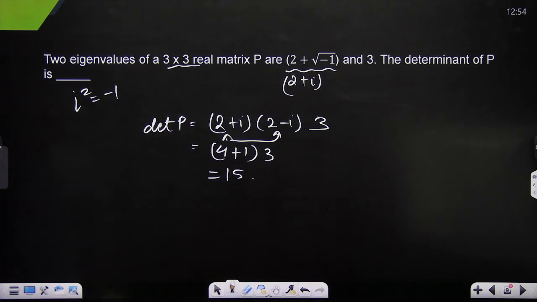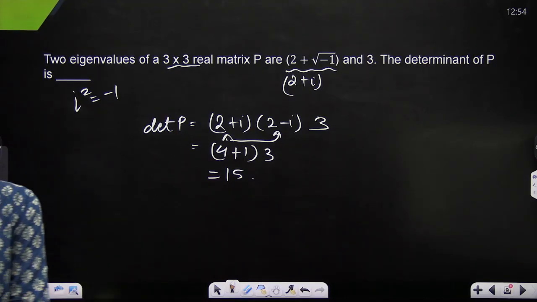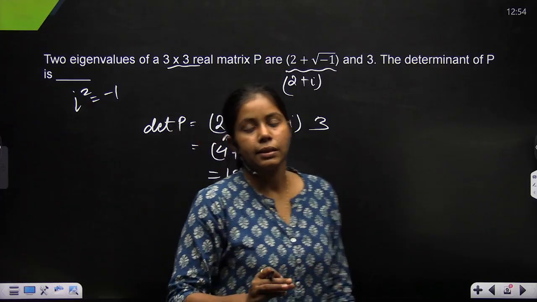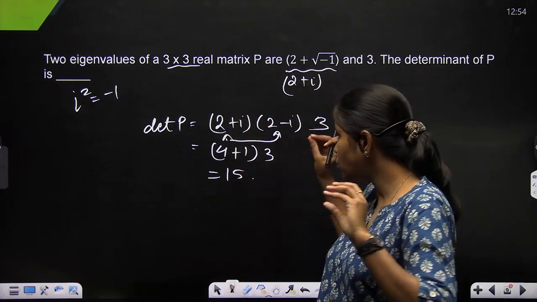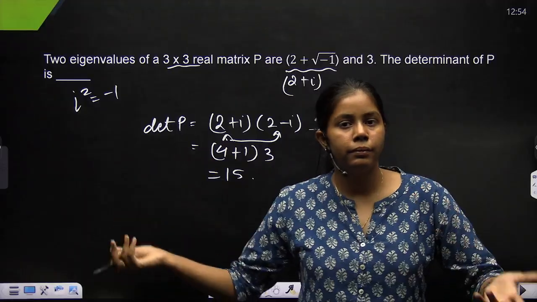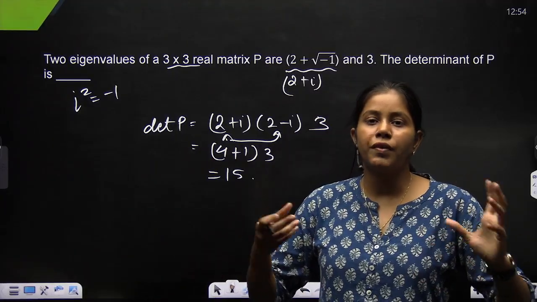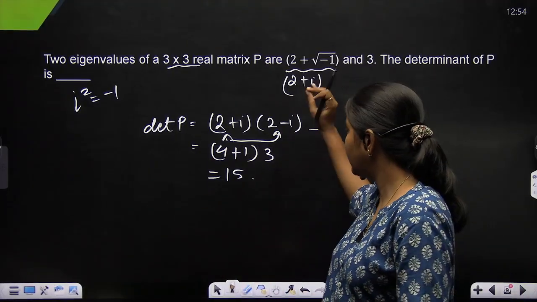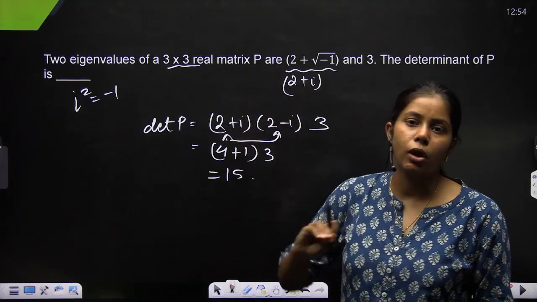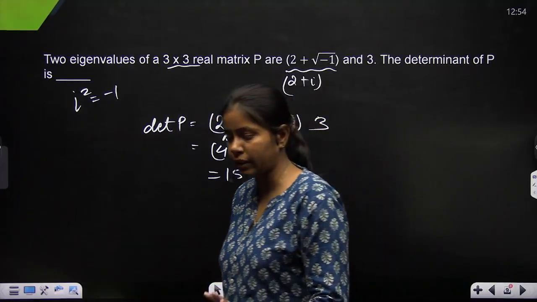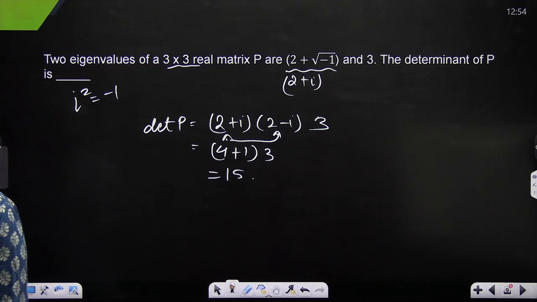You can solve this question using the property that determinant of P is equal to the product of eigenvalues. But one more piece of common sense is required: eigenvalues are the roots of the polynomial, and complex roots of a quadratic always occur in pairs. You have to remember that to solve this question.